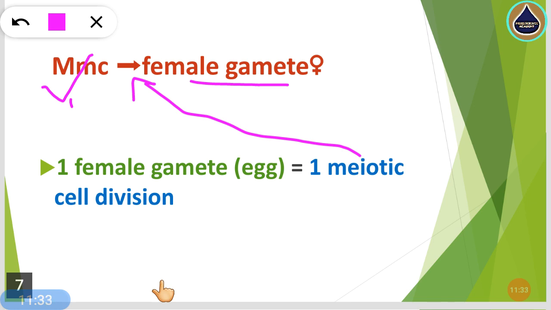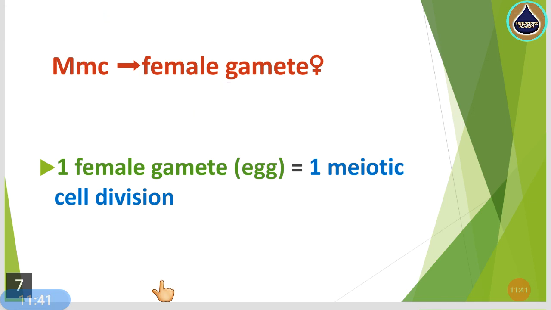So simply, whatever the number of female gametes is, that is the number of cell divisions. In the female gamete formation process, the formula is: number of female gametes is equal to the same number of meiotic cell divisions.